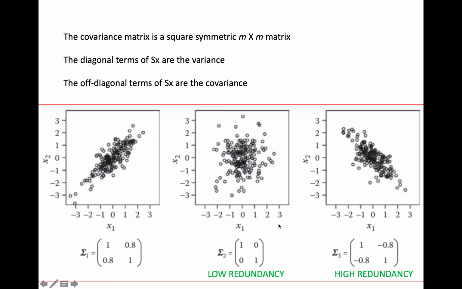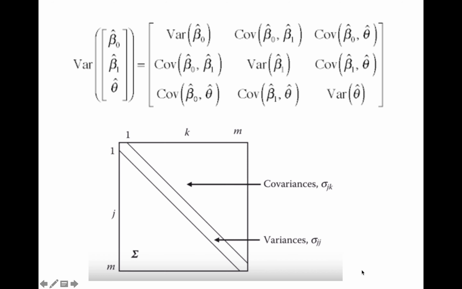So in the low redundancy data set, my off-diagonals are going to be really low. In a high redundancy matrix, my off-diagonals are going to be very high. And remember, the negative or positive doesn't matter here. It just means it's a negative correlation or a positive correlation, but they vary together in a predictable manner.